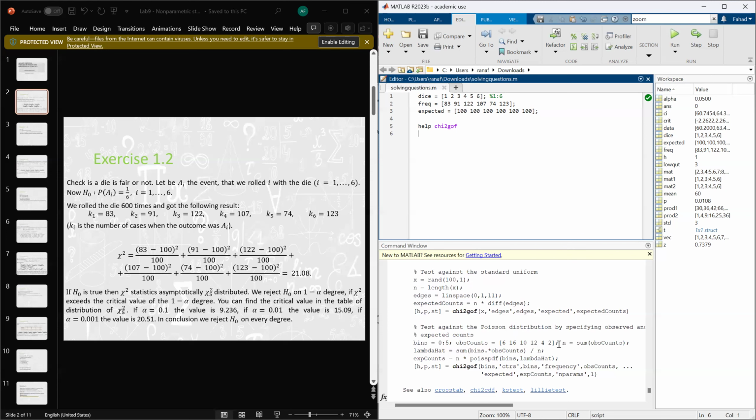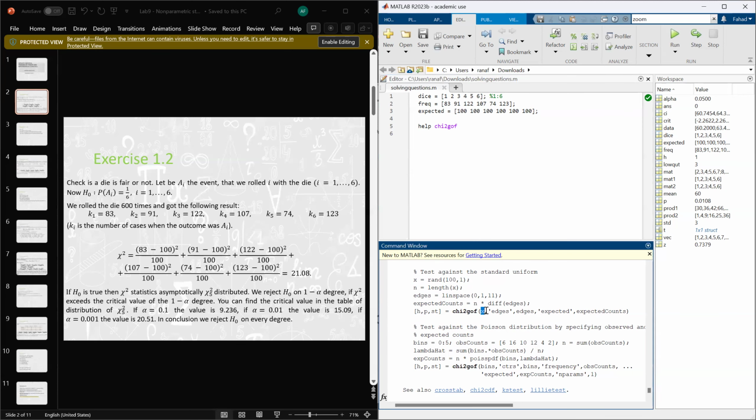Let me just check the notes. Yeah. So here, X is the possible values, and forget edges, it is not relevant.